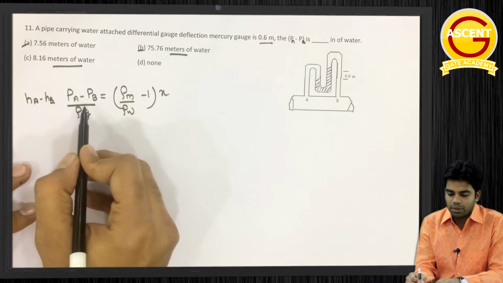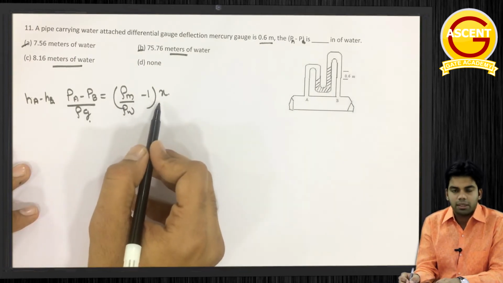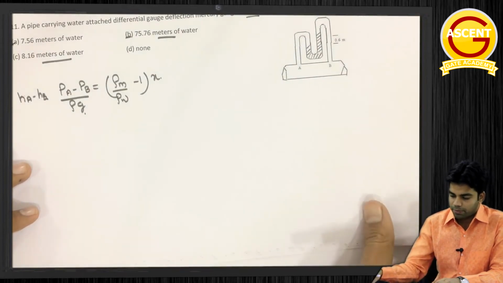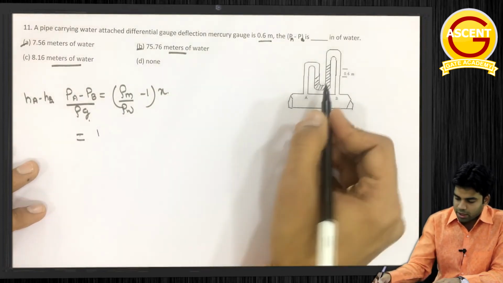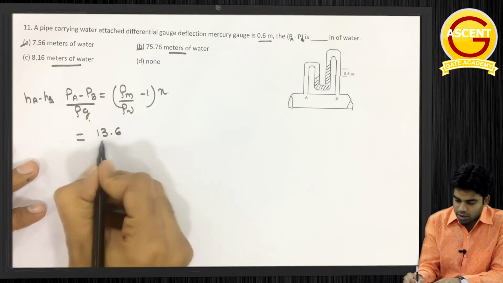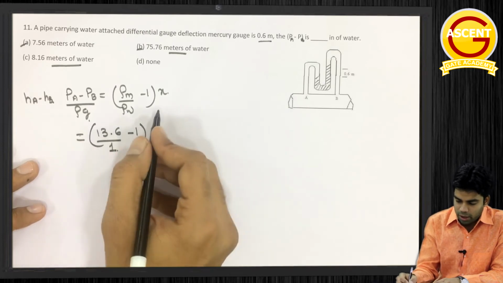So Ha minus Hb is equal to Pa minus Pb by rho g, which is equal to rho m by rho w minus 1 into x. Now the value of x is given as 0.6 meter, so just put the value. This will be rho m, the manometric fluid mercury, which is 13.6, divided by water, which is 1, minus 1, into x.